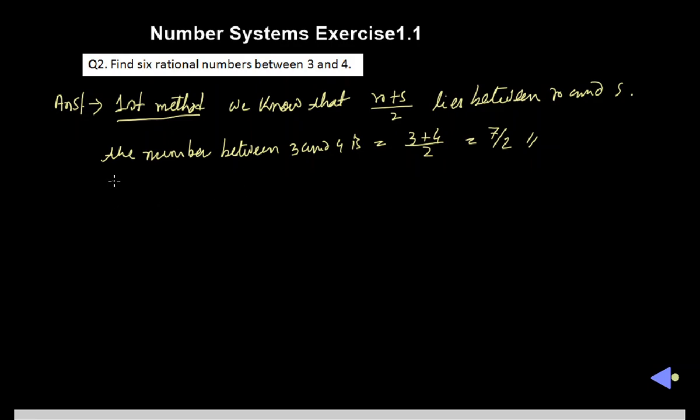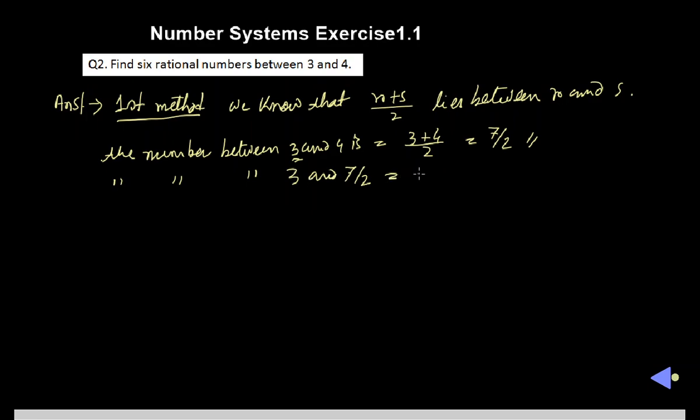Again, for the second number, we now have to find the number between 3 and 7 by 2. 7 by 2 is the value we just got between 3 and 4. So the rule is the same.